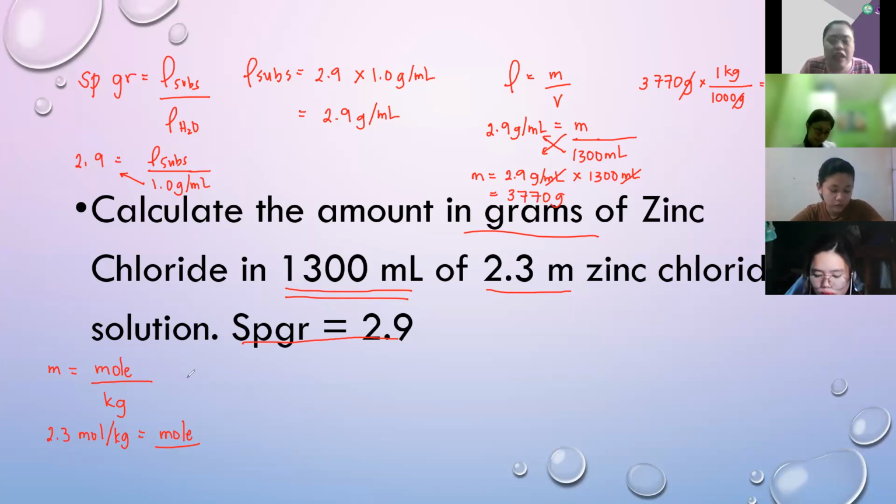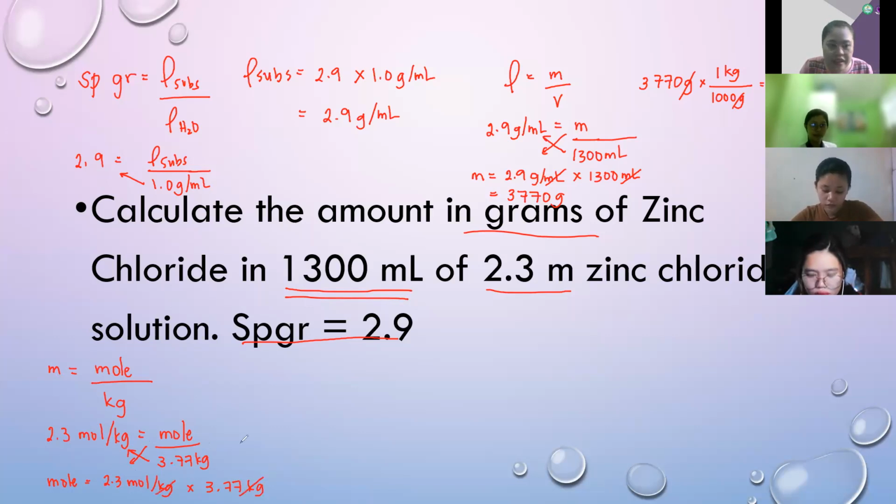So since we now have the kilograms of our solvent, let's substitute that here. And then let's do the cross multiplication again. Move the mole down. You have here 2.3 moles per kilogram times the 3.77 kilograms.